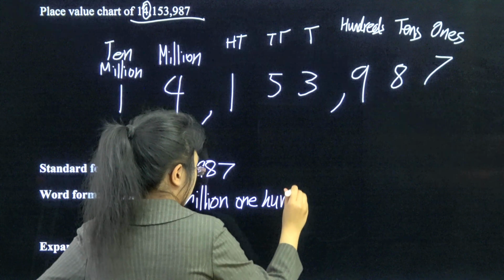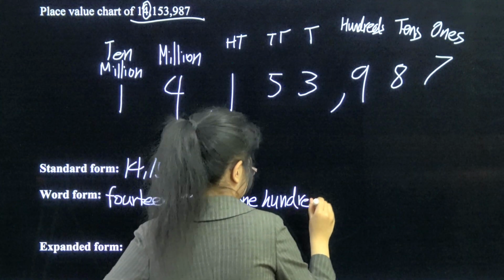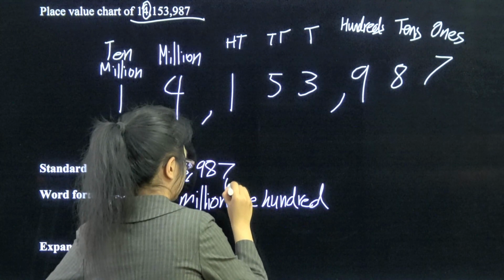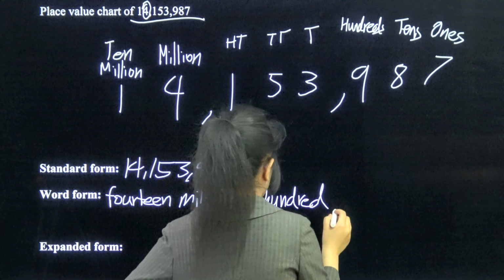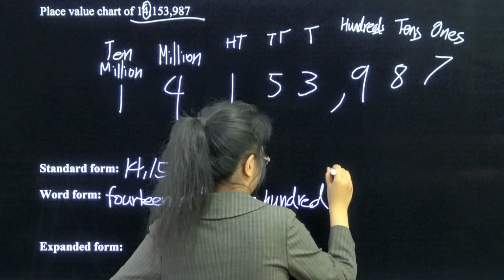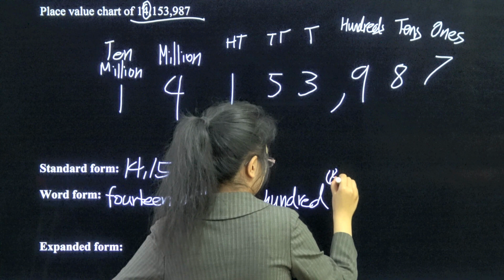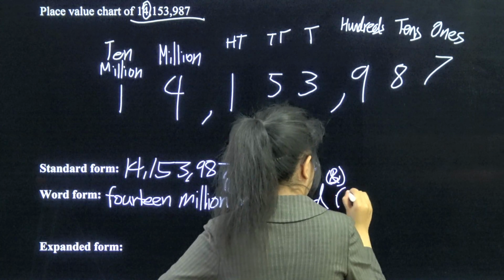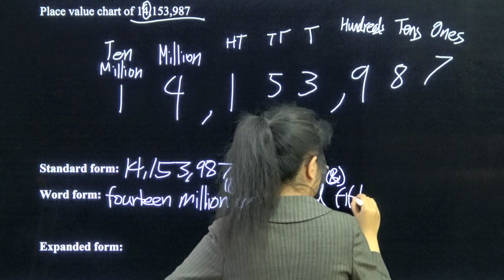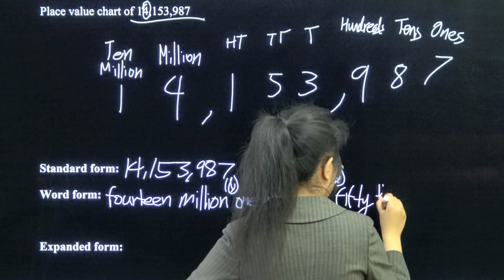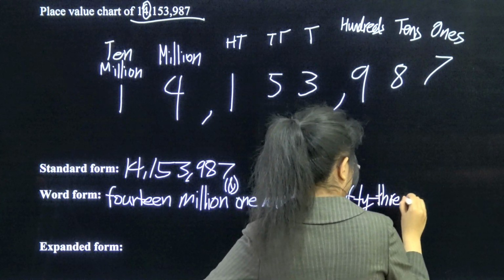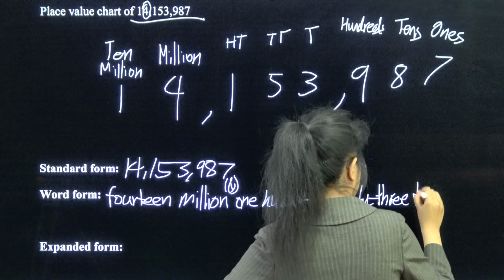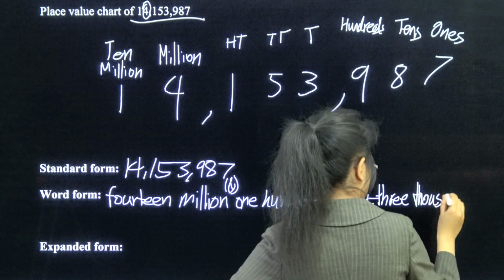100. Again, the ands are optional. You can put an and here. You could put an and here. 53,000.